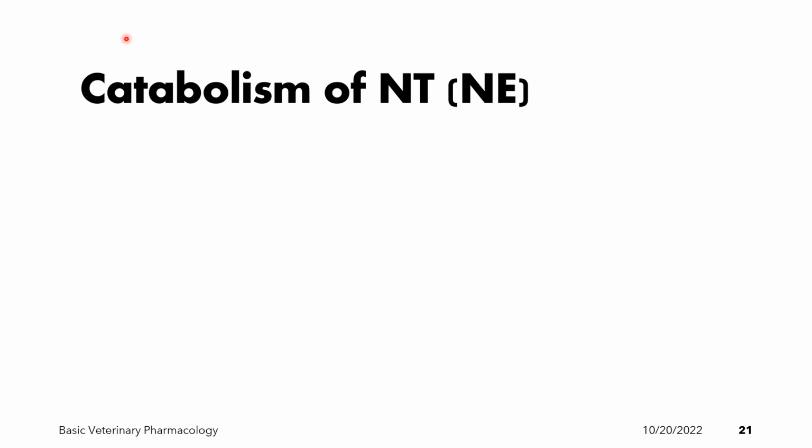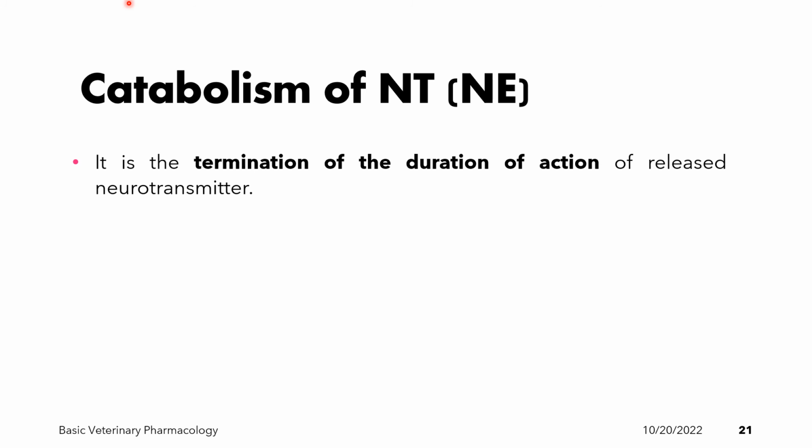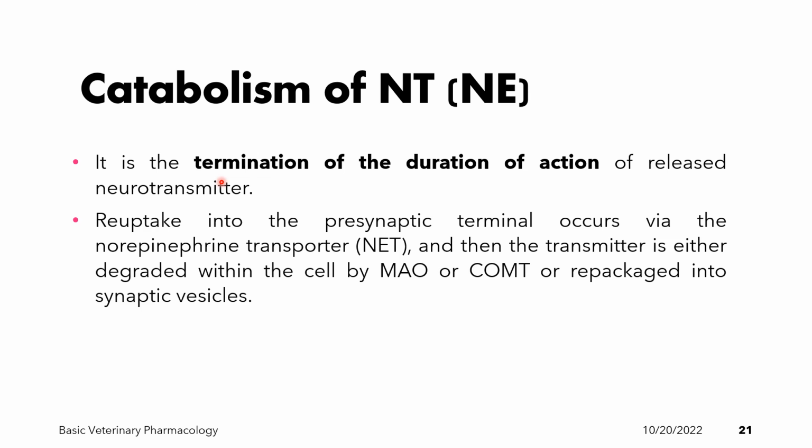Before that, we have first to define catabolism. Catabolism is defined as the chemical or enzymatic reactions involved in the breakdown of neurotransmitters. So basically, it terminates the duration of action of the neurotransmitter.